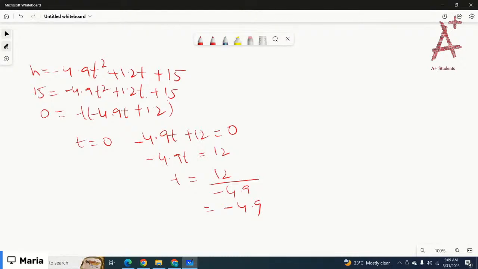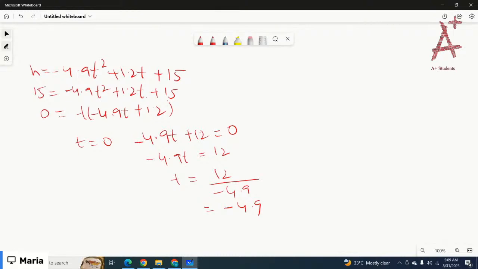So that means the time when the diver is exactly 15 meters high is t equals 0, right? That means the diver is 15 meters high at the beginning of the dive and is 15 meters high again about 4.9 seconds, right?